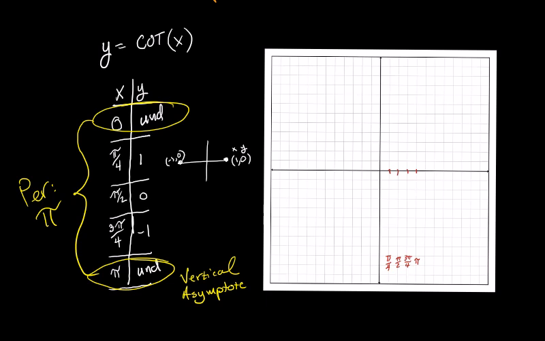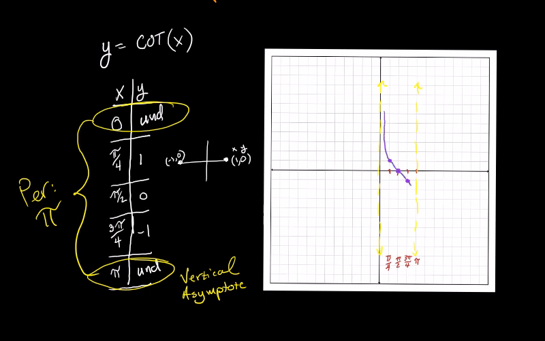Okay? Vertical asymptotes, I'm going to draw them in. And then we're going to plot the points. Pi fourths is 1. Pi halves is 0. And 3 pi fourths is -1.